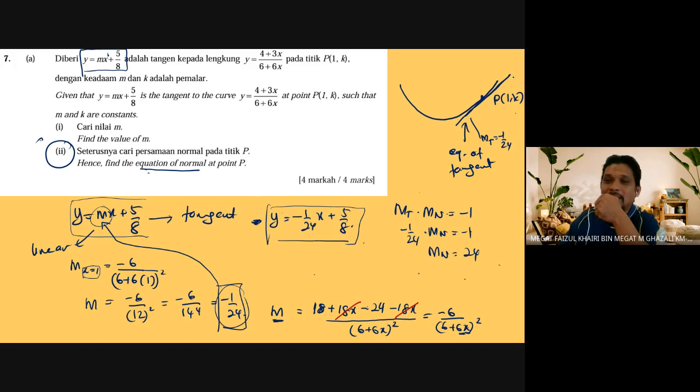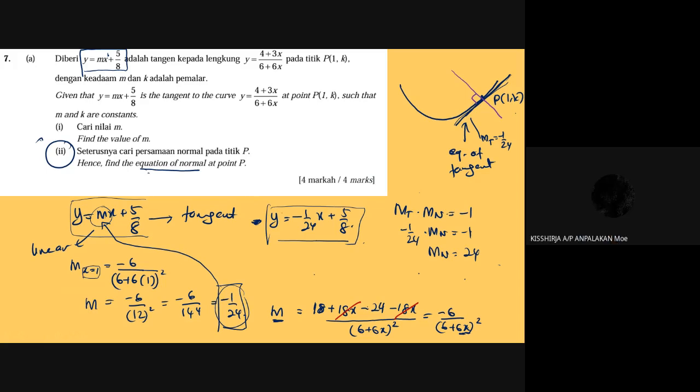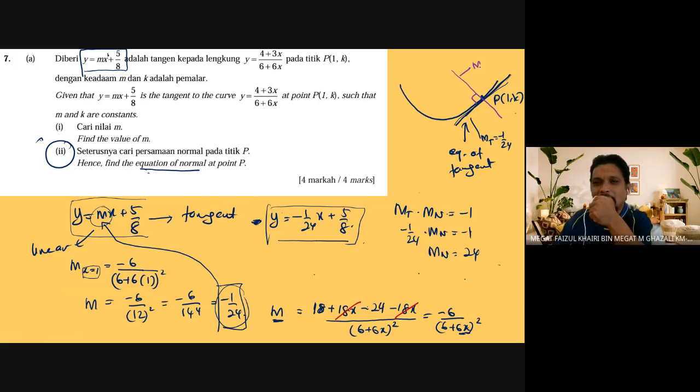Okay, this is the gradient of tangent, and the gradient of normal is 24. So this is the gradient of normal and it will give you the equation of normal.